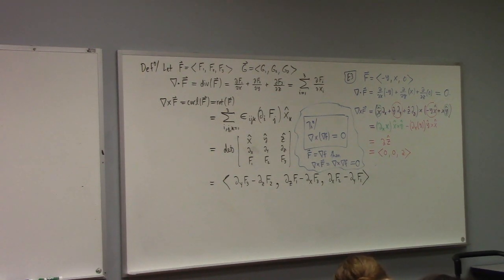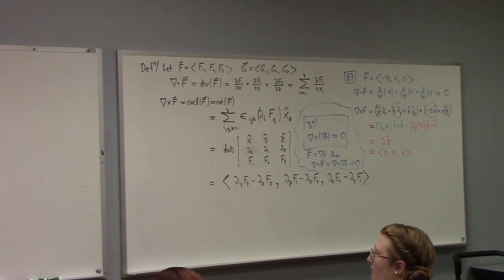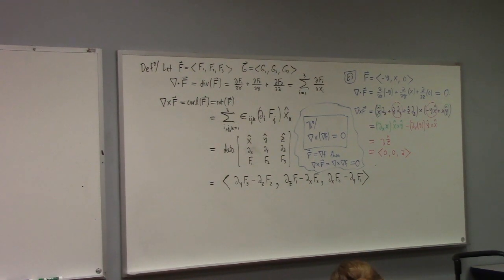We'll start with the divergence because it's super easy, right? Divergence isn't bad. We just got to do partial x of cosine of xy plus partial y of yz plus x squared plus partial z of e to the minus z.